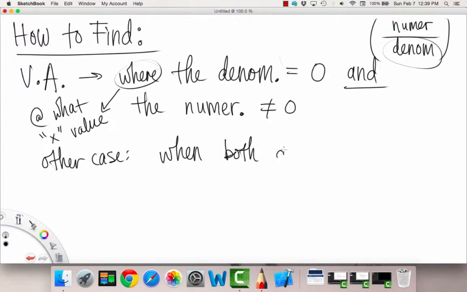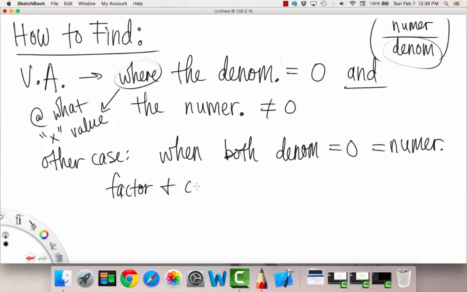Other case: when both your denominator is equal to 0 and your numerator is equal to 0, then that's a different case, where you can factor and cancel. Factor as much as you can and cancel out whatever you can, okay?